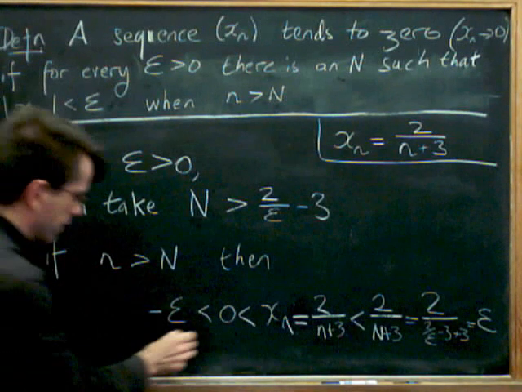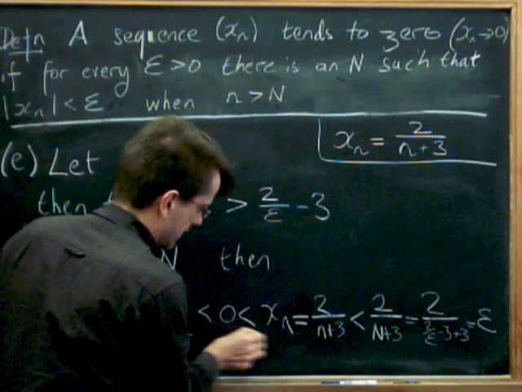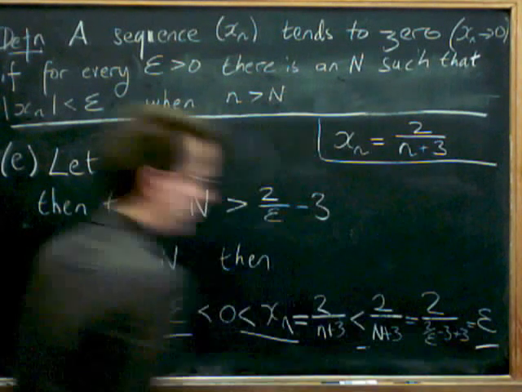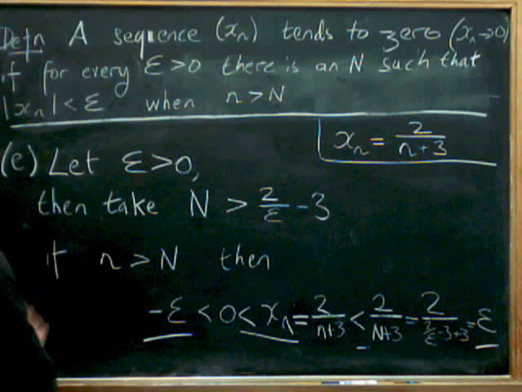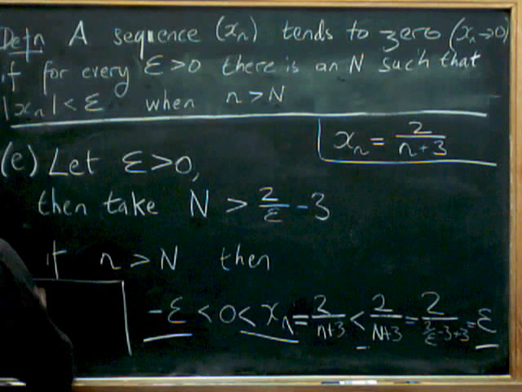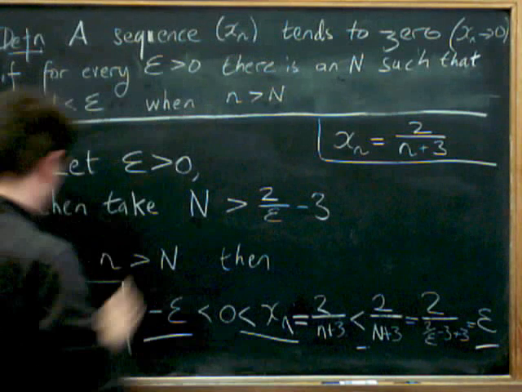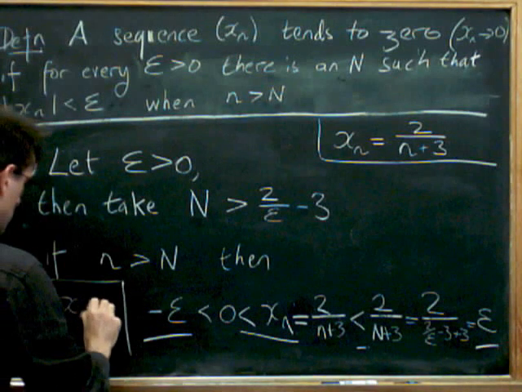So what we've got is that minus epsilon is less than xn is less than epsilon, which satisfies exactly the conditions of the definition, so xn tends to 0.